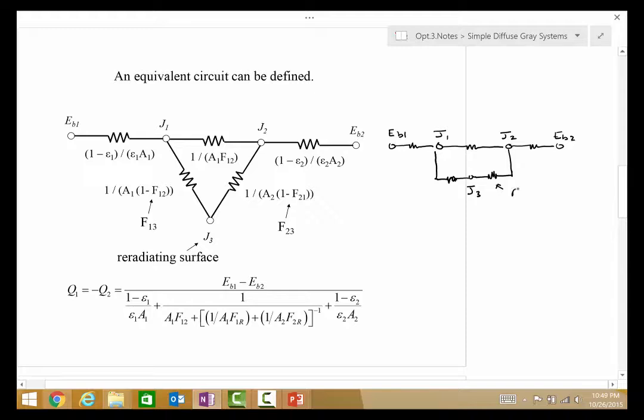We have our R geometric here, another R geometric here. And so what it says is that between 1 and 2, there are two paths. It's a parallel circuit, and we use a parallel circuit model to define that.